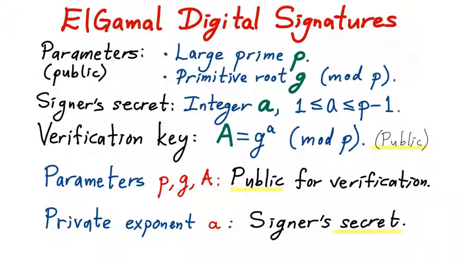So let me remind you that we've already met the ElGamal crypto system in its most classical setting, in which we are essentially relying on the difficulty of the discrete logarithm problem in residue rings Z modulo n.